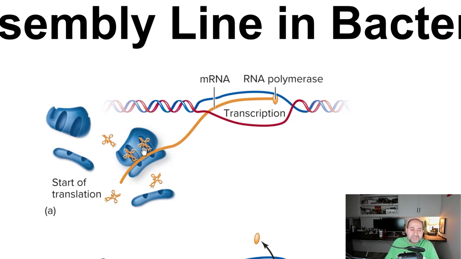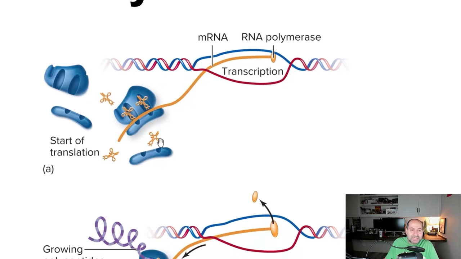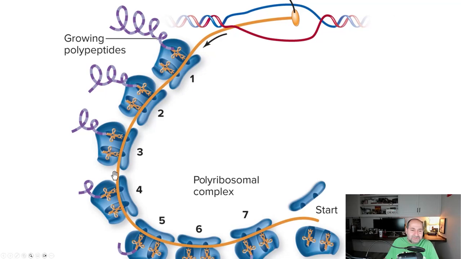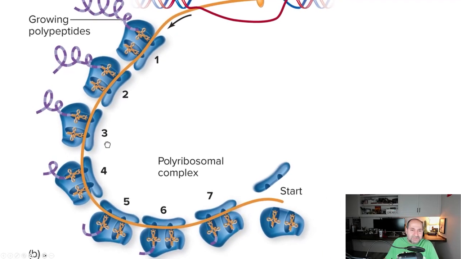In fact, it's so efficient that when the ribosome attaches and starts reading the mRNA, the next ribosome can attach, and then the next ribosome attaches, and then it pretty much becomes a Congo line of ribosomes.